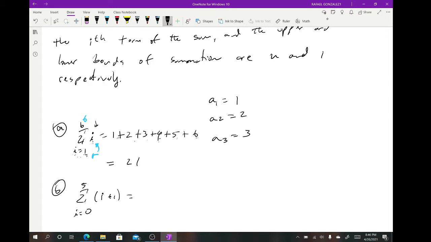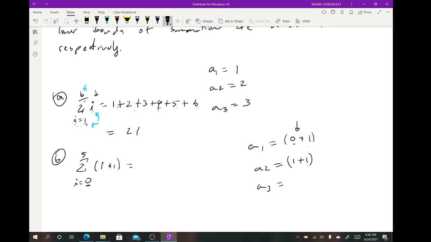Well, in this case, the a1 term is 0 plus 1, because we begin at 0. So 0 will take the value for i, and then we add 1. The a2 term is going to be, well, what comes after 0? It's 1, so it's going to be 1 plus 1.